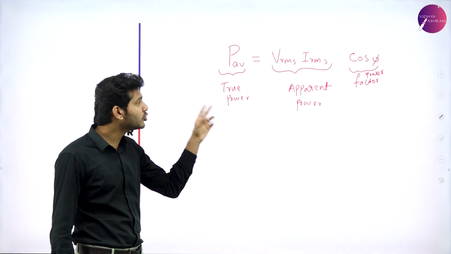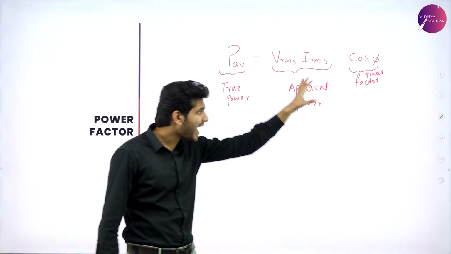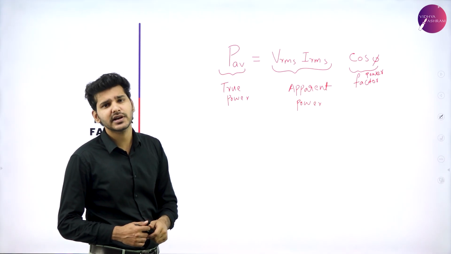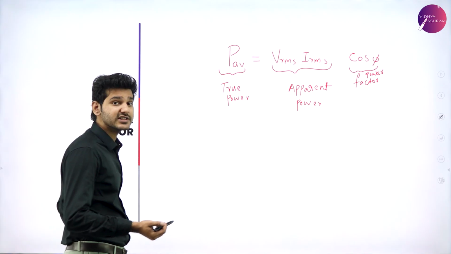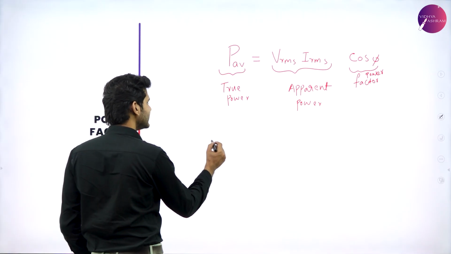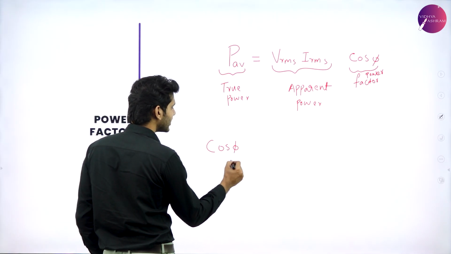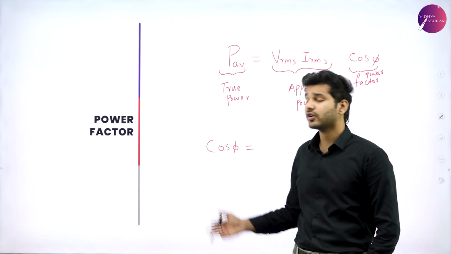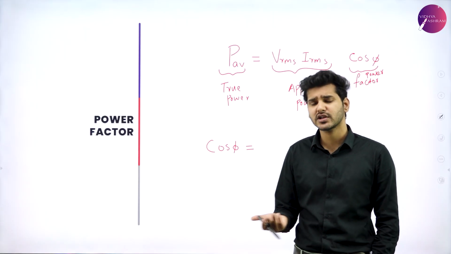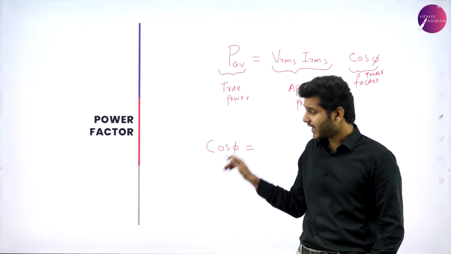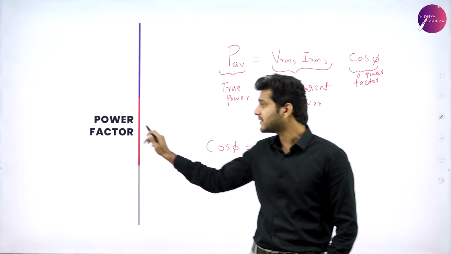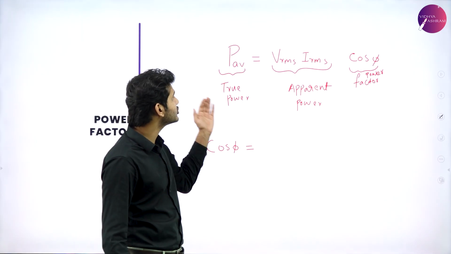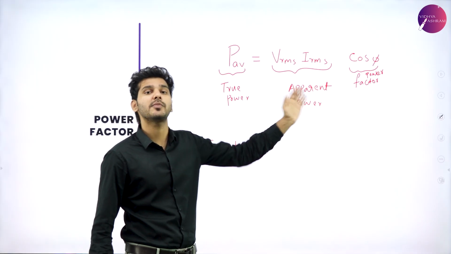So the true power will be equal to apparent power times the power factor. To find out what power factor is, it's very simple. That is cos phi. We are just trying to find out the phase angle difference and the cos of the phase angle difference. That is the only thing we are trying to find in this equation, and that cos phi itself is known as power factor. It comes from the equation: true power is equal to apparent power into power factor.